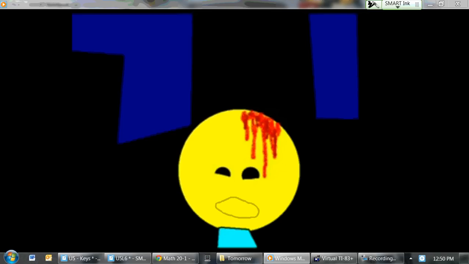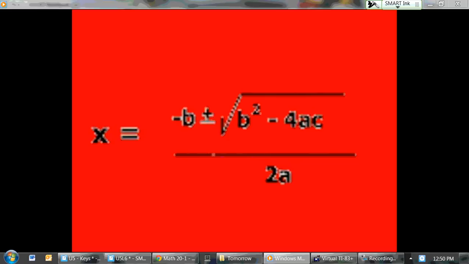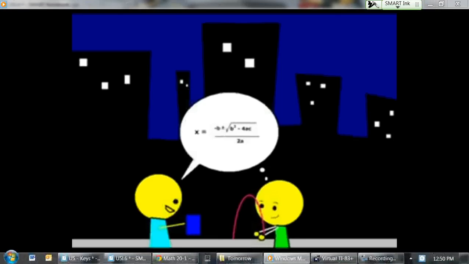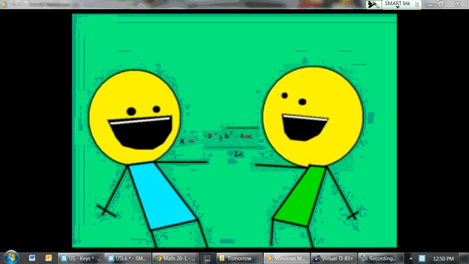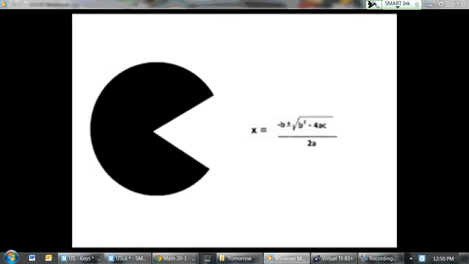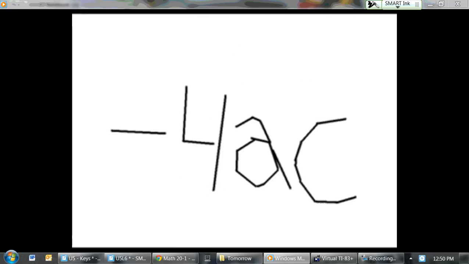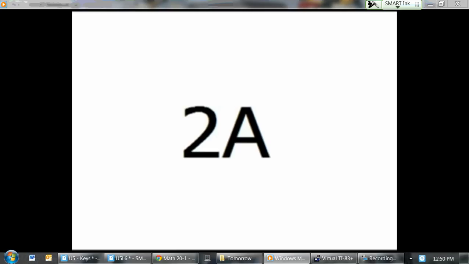Didn't I complete your square?" No, actually, I used the quadratic formula. Quadratic formula. Quadratic formula. Quadratic formula. And it's negative b plus or minus the square root of b squared minus 4ac over 2a over 2a over 2a.